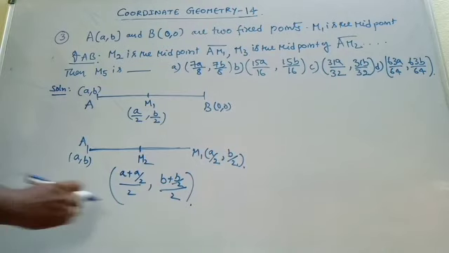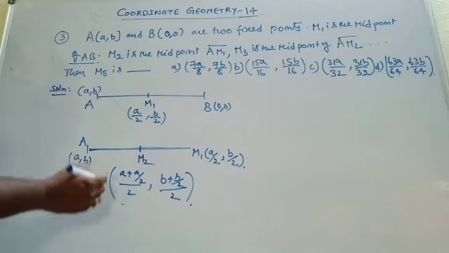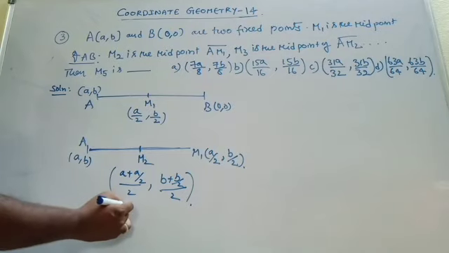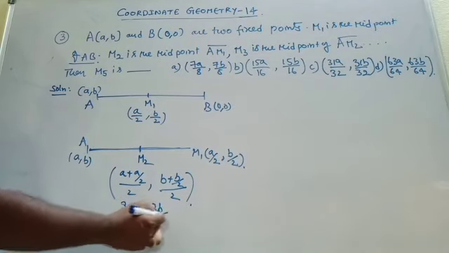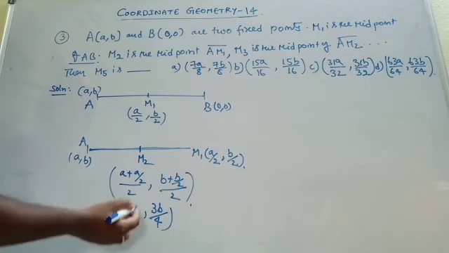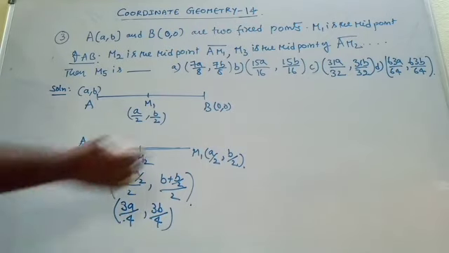Understood? Now a plus a by 2 means 2a plus a, that is 3a by 4, comma 3b by 4. So M2 is (3a by 4, 3b by 4).